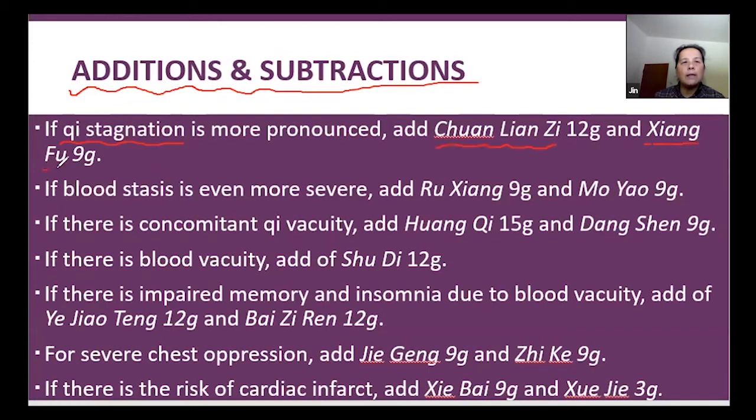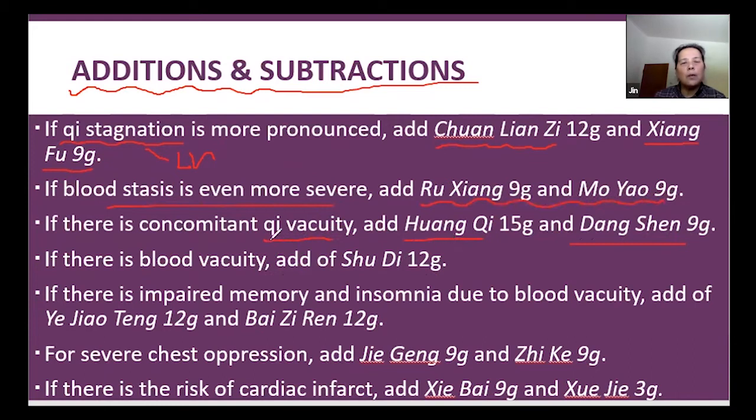Qi stagnation is mainly caused by liver qi stagnation, so these two herbs mainly go to the liver and move liver qi. If blood stasis is more severe, we add Ru Xiang and Mo Yao, which are blood-moving herbs. If there is qi deficiency, we add Huang Qi and Dang Shen.